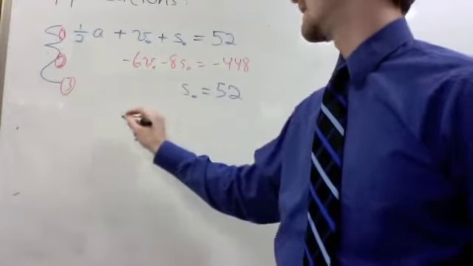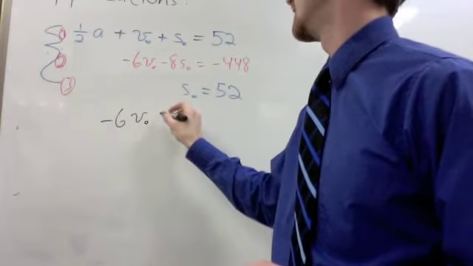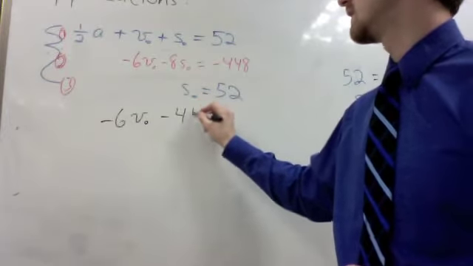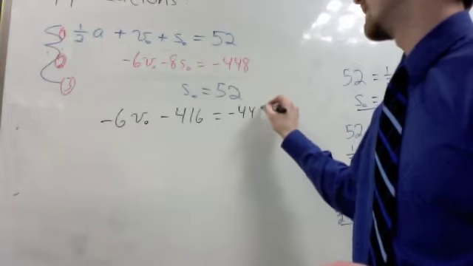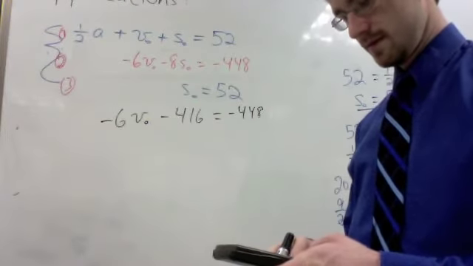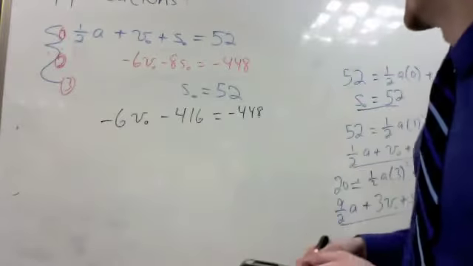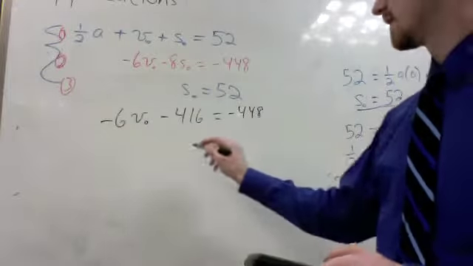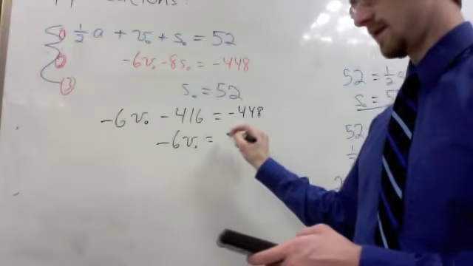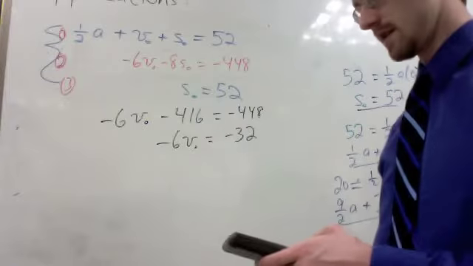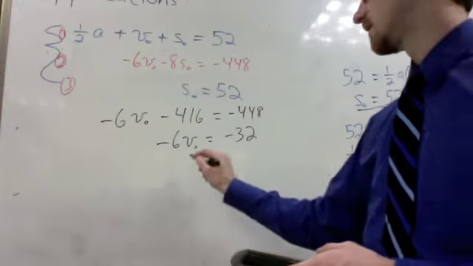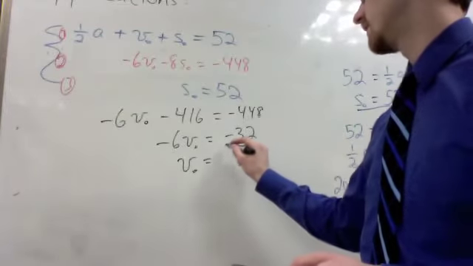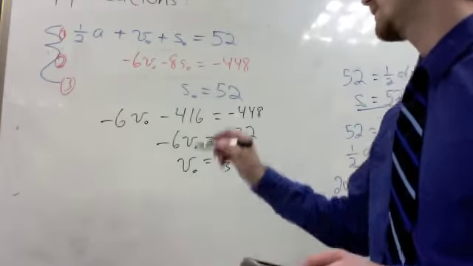So if we substitute in here, negative 6 v naught minus 8 times 52 is 416 equals minus 448. 8 times 52, double checking, okay, good. And then we have negative 448 plus 416 gives us negative 6 v naught is equal to negative 32. So our v naught is equal to 5 1/3 or 16 thirds.